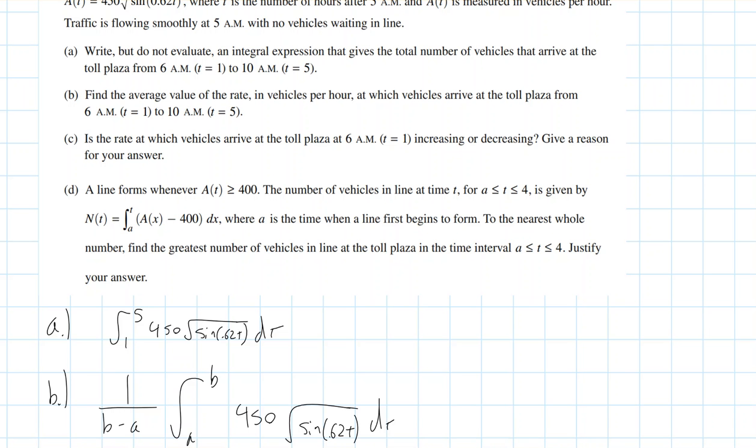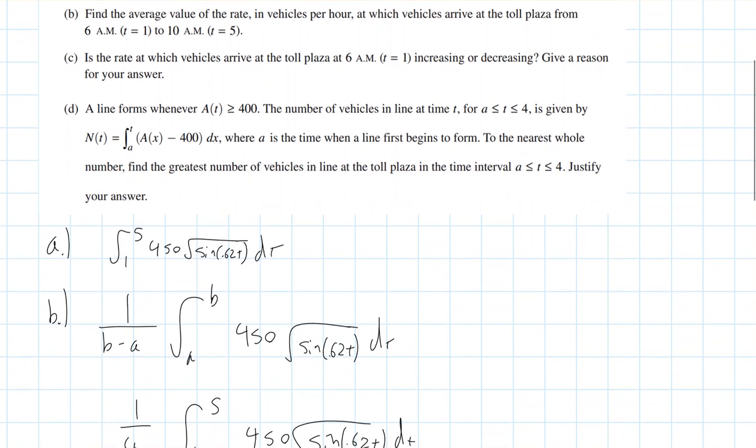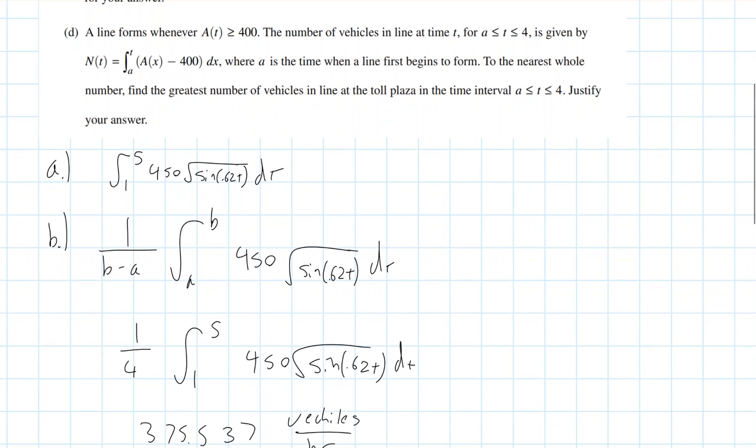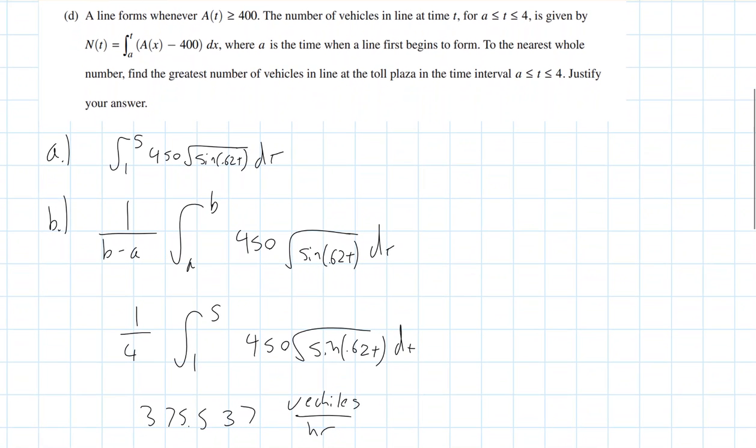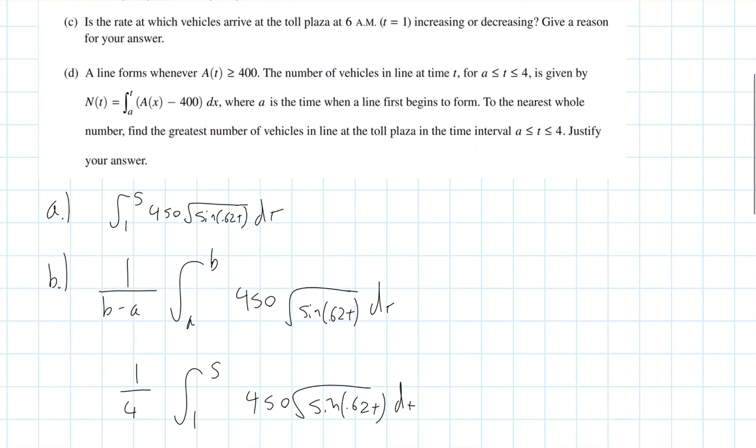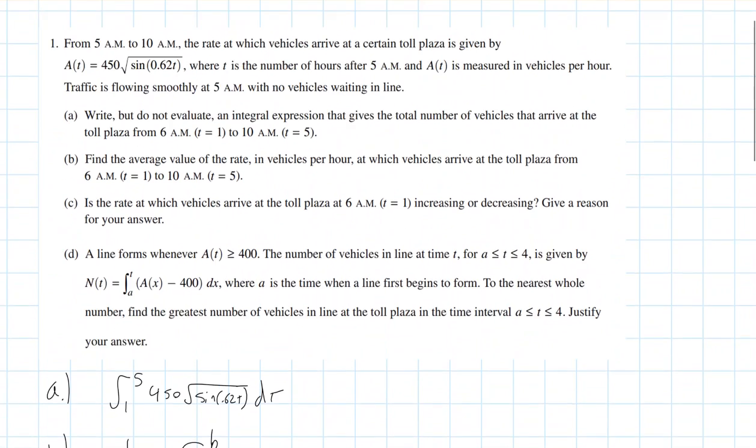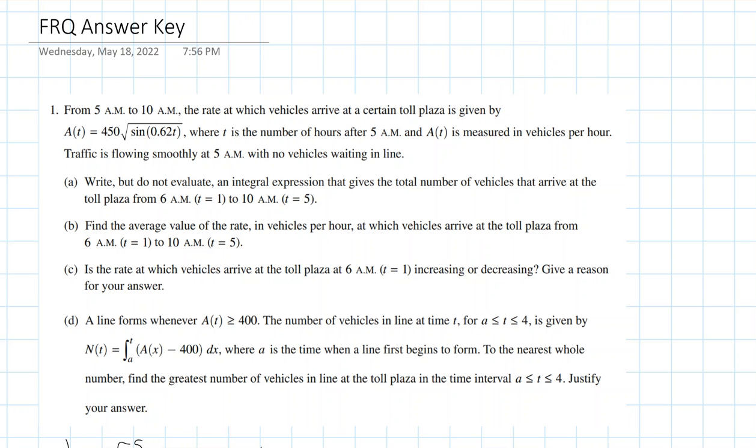Okay, so right away we know we have to find the a and b values, and this is probably most easily accomplished with a calculator. Before I even evaluate any integrals, I'm going to find those. First, I'm going to graph the line y equals 400, and then graph the rate, which is 450 square root of sine 0.62t.